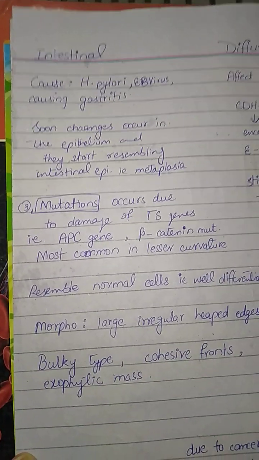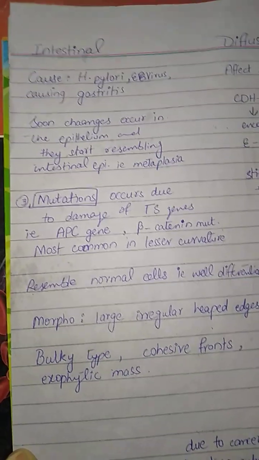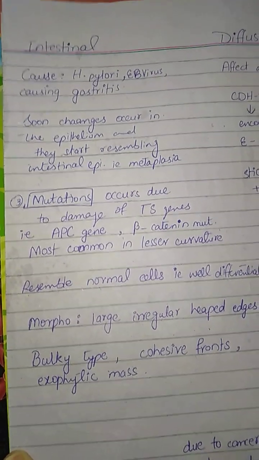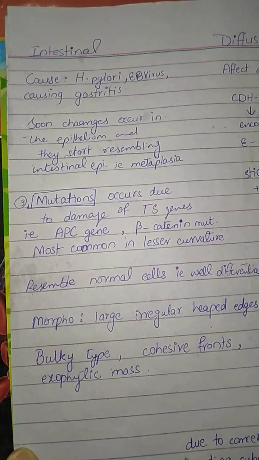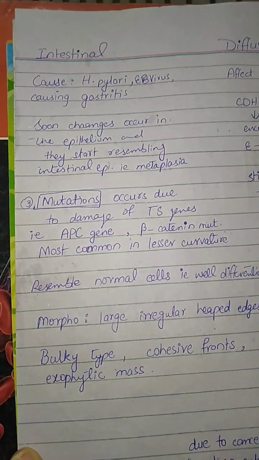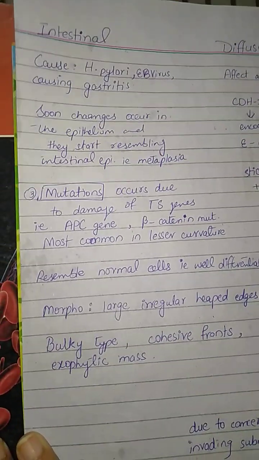Intestinal adenocarcinoma is the most common type, and it has a strong association with H. pylori, which is Helicobacter pylori gram-negative bacteria, Epstein-Barr virus, and there are certain mutations, that is APC gene and beta-catenin mutation.